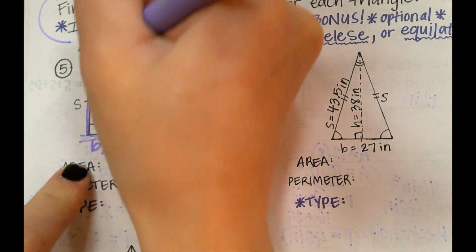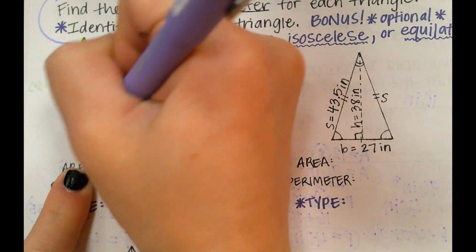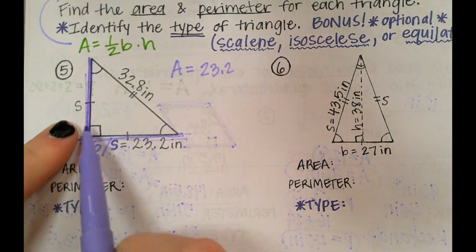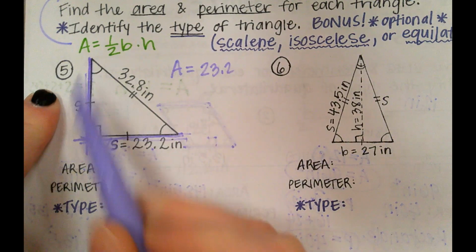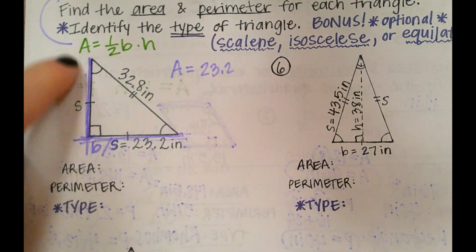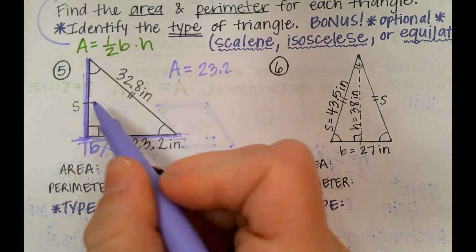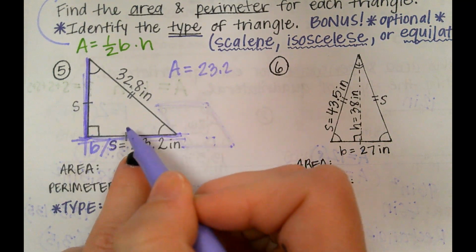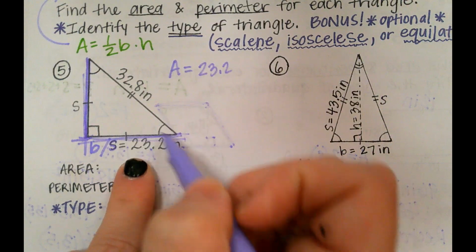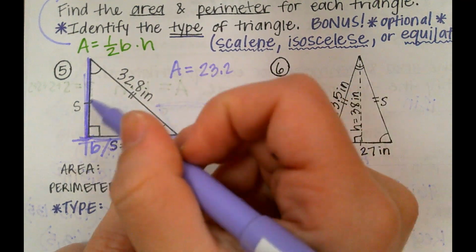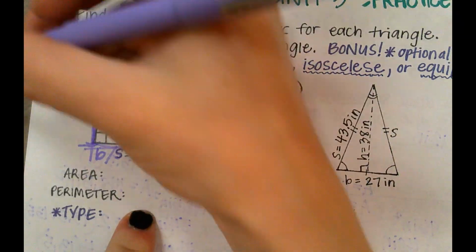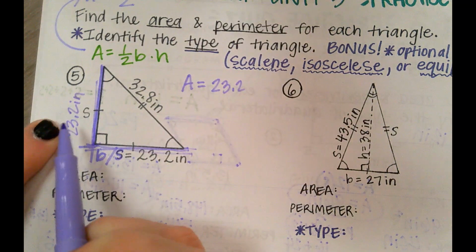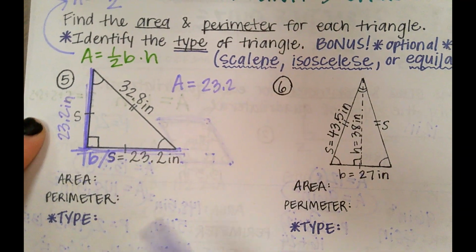I know right triangles can be a little bit confusing sometimes, identifying the base and the height, but we need the height to be a 90-degree angle. Since there is a 90-degree angle, it's just going to be this other side length. And because these are both labeled S and there is one tick mark here and the opposite angles are equal, we know that these sides are equal. So this is also 23.2 inches. And so that's the base and the height.